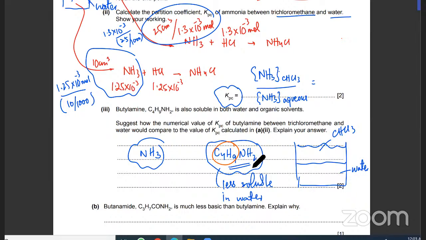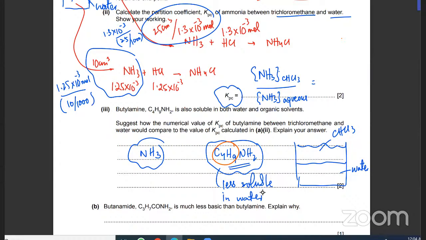So there's a significant chunk of this molecule that is not going to interact with water, so it's not going to be as soluble as ammonia. Ammonia is a smaller molecule, and every atom is attracted to water. Every atom is polar. N has lone pairs, H is partial positive. So this entire molecule is very soluble, while butylamine has a big part that's not soluble in water.